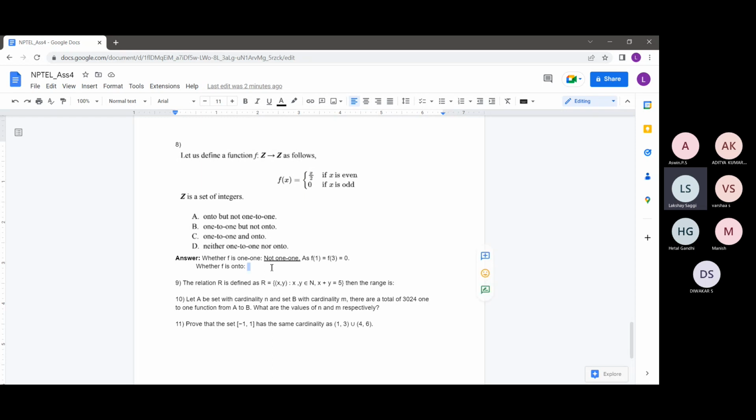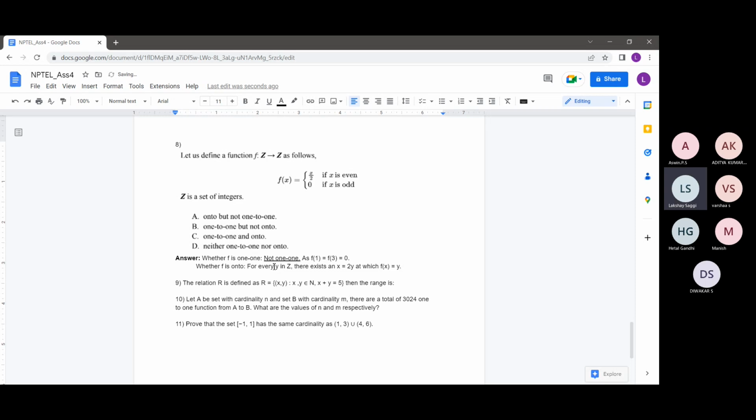So what I'm saying is, for every y in Z, there exists an x equal to 2y at which f of x is y.